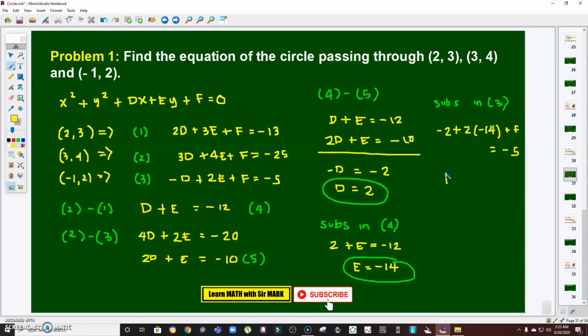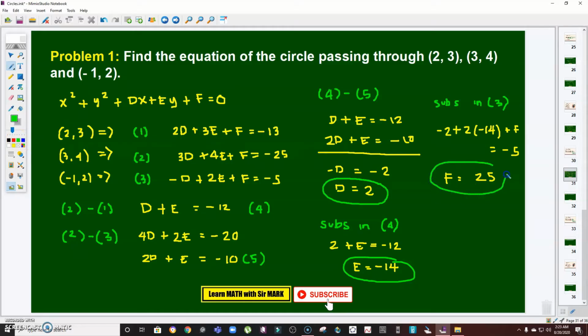So that is, ang value ng f ko ngayon is negative 2 minus 28, that's negative 30, right? Transpose it on the right side, so that will become positive 30. So 30 minus 5, that will be 25. Again, negative 2 minus 28 is negative 30. Transpose it on the right side, that will be 30 minus 5, or 25.